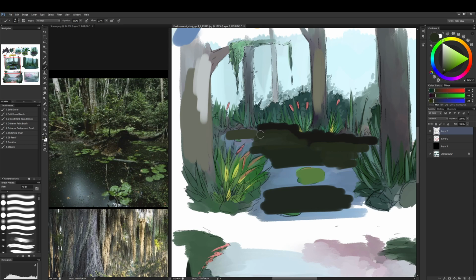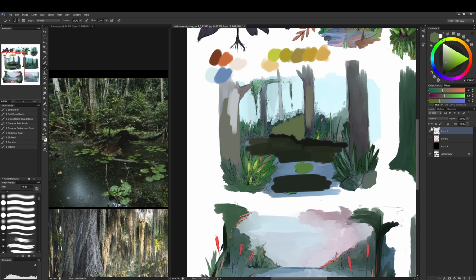Maybe you wouldn't think, oh, the water's that dark, really? But then it is. And then when you put the other surroundings around, it'll make more sense. So that's another way of doing it.